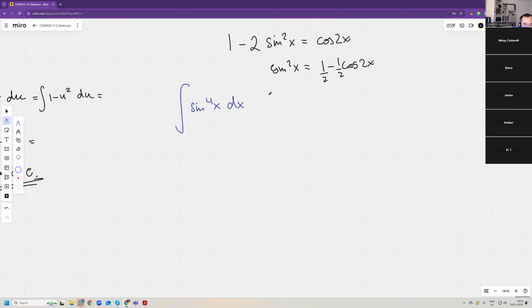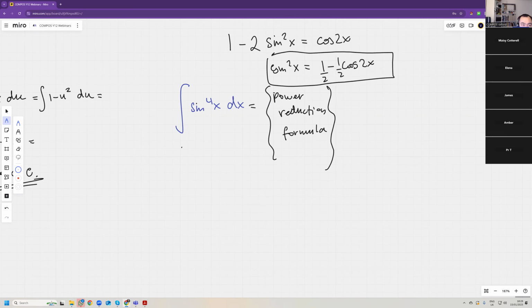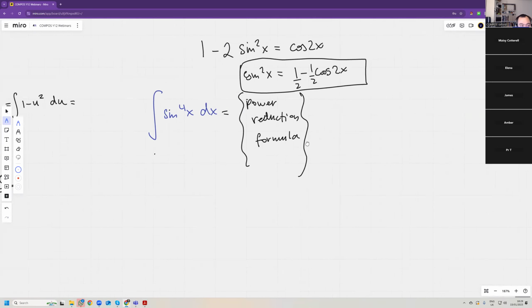And that's what we're going to do here. So it's the power reduction formula. Why is it called the power reduction formula? Because sine squared x becomes cos 2x without a square.